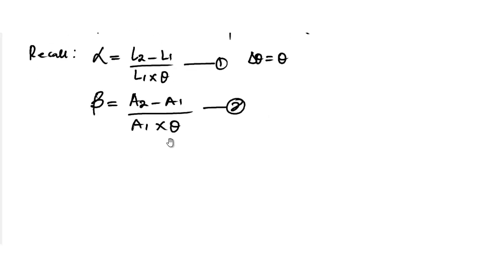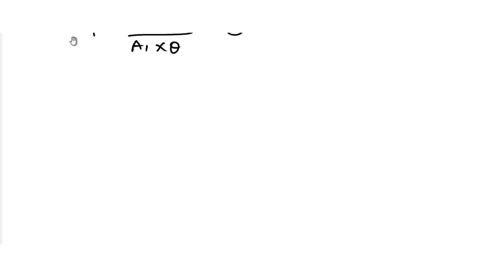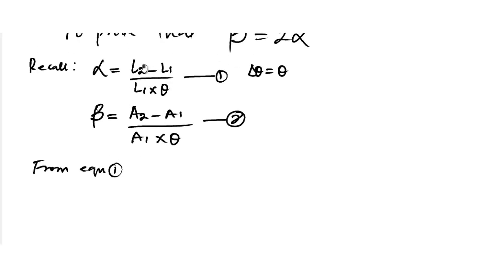So we start from equation 1. What I want to do in equation 1 is make either of L2 or L1 the subject of the formula. So basically I will cross multiply. From equation 1, we can have that L2 minus L1 is equal to alpha L1 theta.